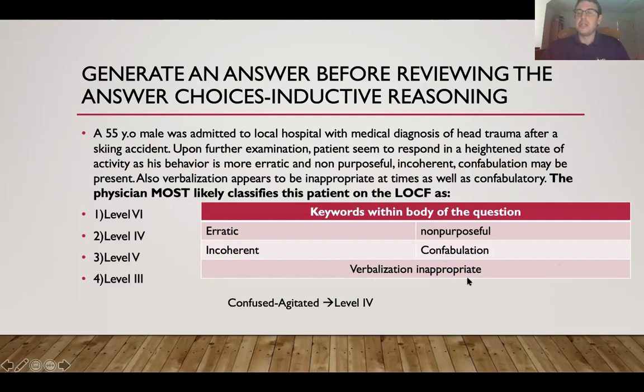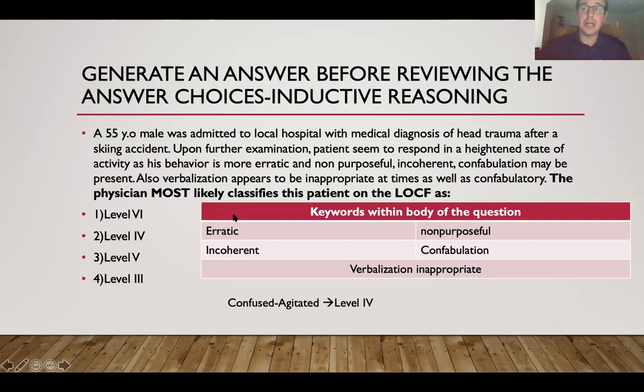Also, verbalizations inappropriate. So as we're thinking about the patient being incoherent, that tells you the patient's confused, right? The word erratic means the patient's agitated, correct? So when we piece together the words incoherent and erratic, the patient's confused and agitated.